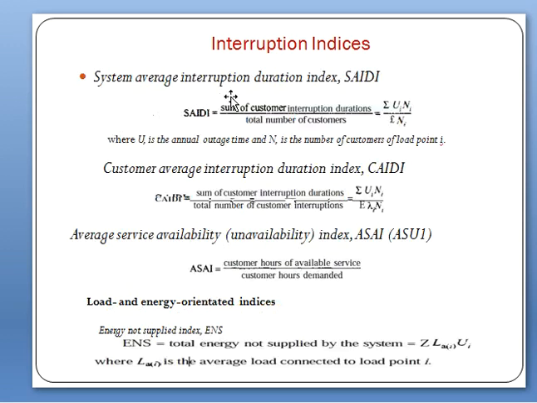System average interruption duration index, SAIDI. This is the sum of customer interruption durations divided by the total number of customers. Next is the customer average interruption duration index, CAIDI: the sum of customer interruption durations divided by the total number of customer interruptions.